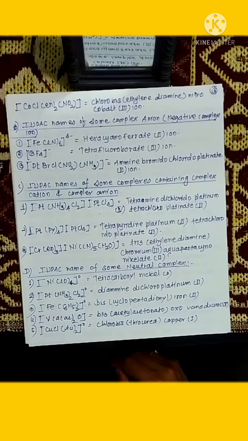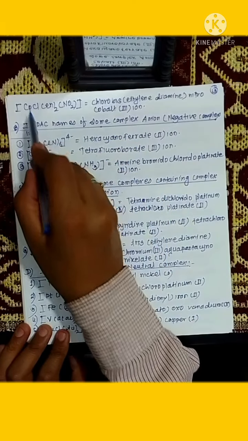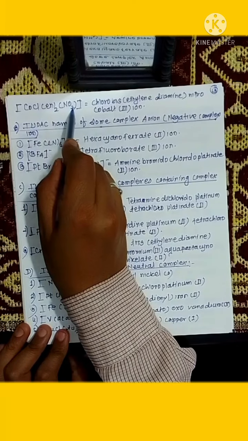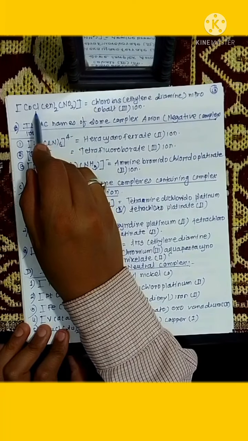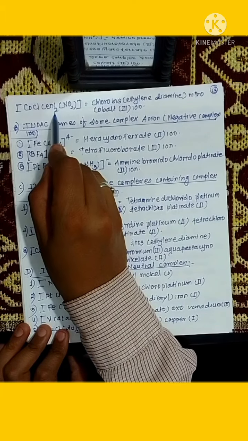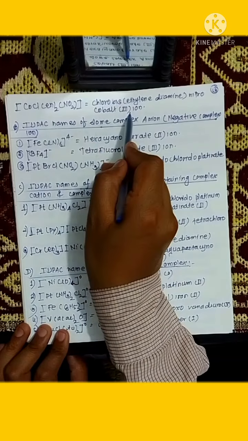You can write chloro as chlorido; both prefixes can be used. For Co, Cl, en twice, NO2, it is written as chlorido or chloro bis(ethylene diamine) nitro cobalt(III) ion.